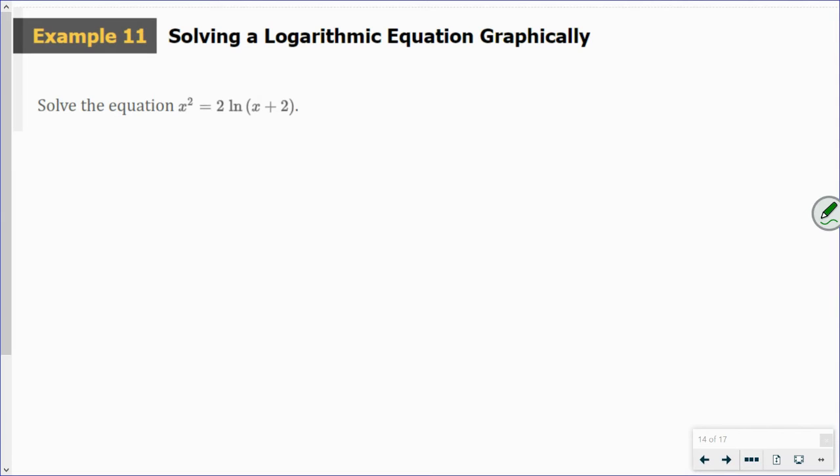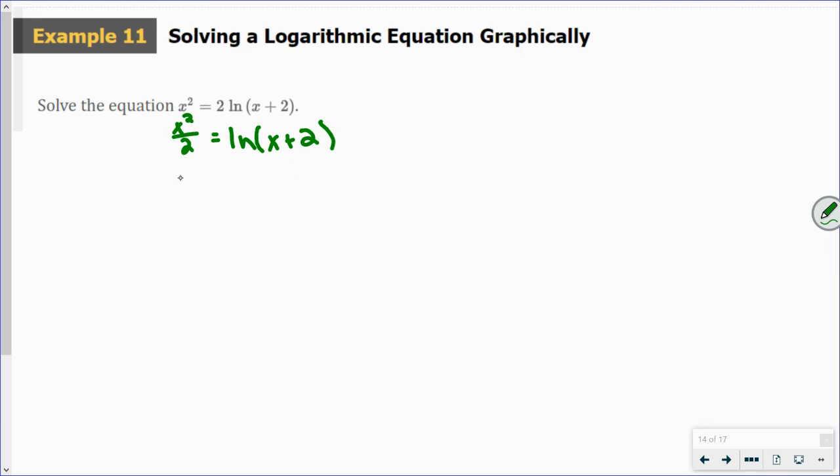Okay, solve the equation here. And this is one that is not really solvable graphically or algebraically. I have a logarithm, an x inside, and I have a quadratic here. So we could divide by 2, but then we have to get these x's on the same side. If I rewrite it, say I have x squared over 2 equals ln (x plus 2).